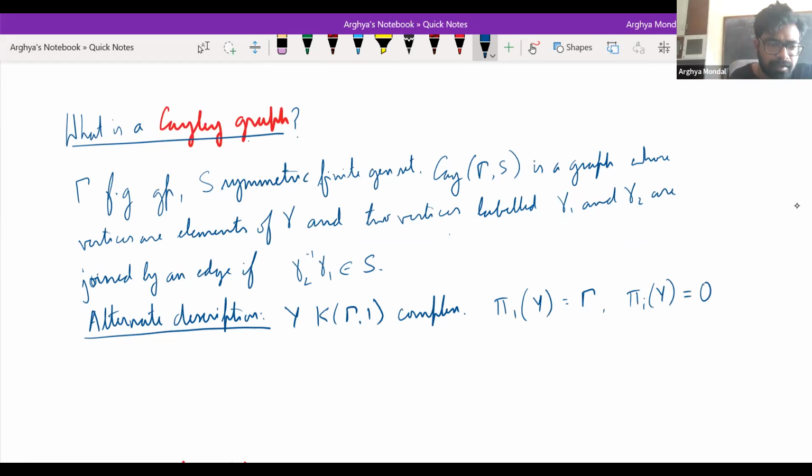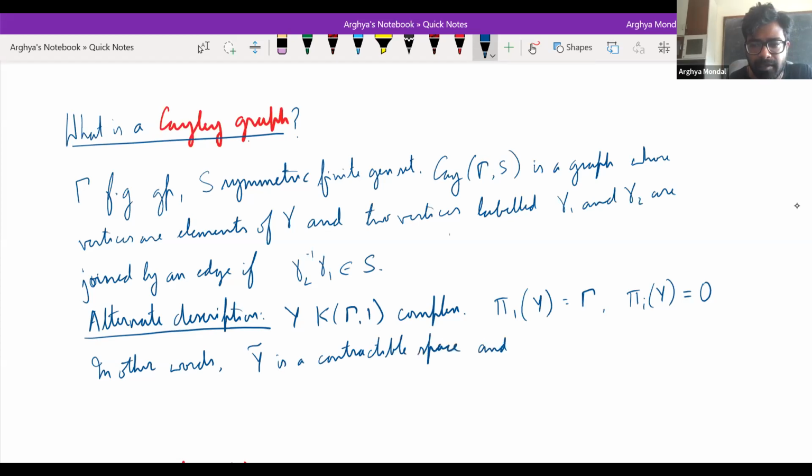So in other words, the universal cover of Y is a contractible space, and gamma acts by covering transformations.